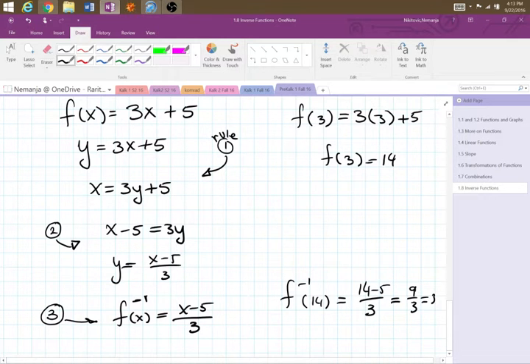See? Exactly where we started. 3. The inverse function is supposed to take the output from the function, grind through, and give you back the original value you started from.